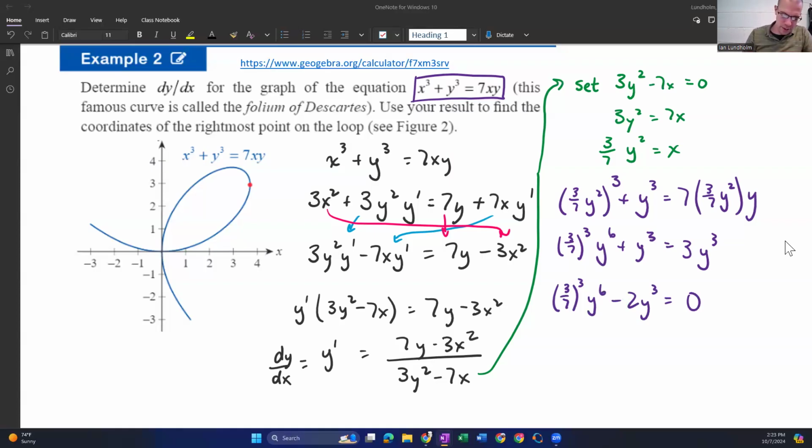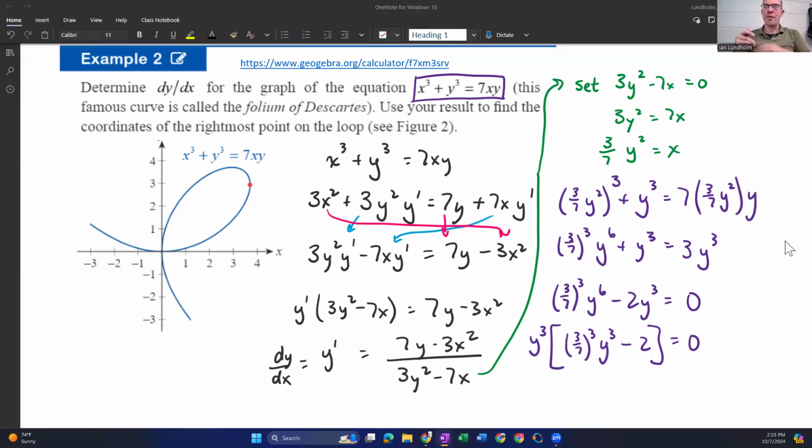Then another step could be factoring out y cubed, so that we've got 3/7 cubed y cubed minus 2 equals 0. So we just pulled out that common factor of y cubed from both of those terms. Whew.